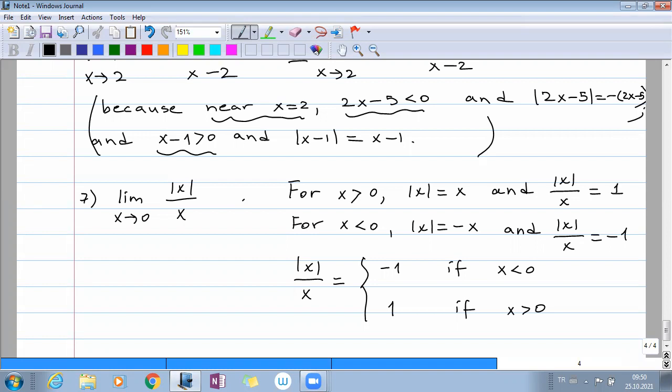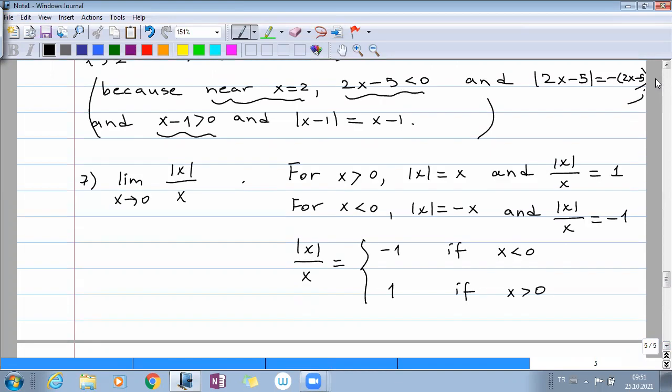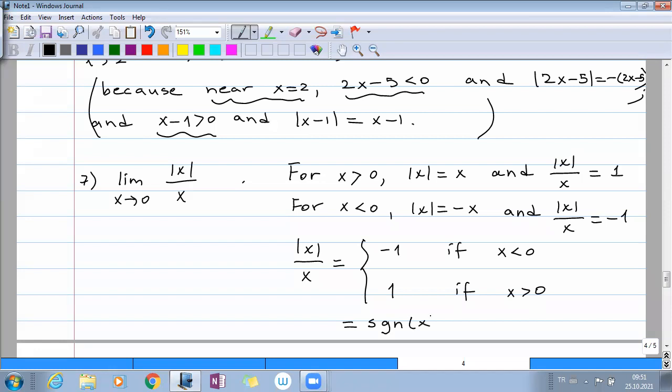By the way, this function has a special name. It is called the signum function, and it is denoted by sgn of x, signum, or just sign function. For positive numbers, +1, negative numbers, -1.